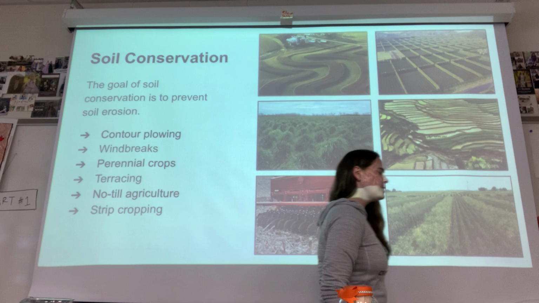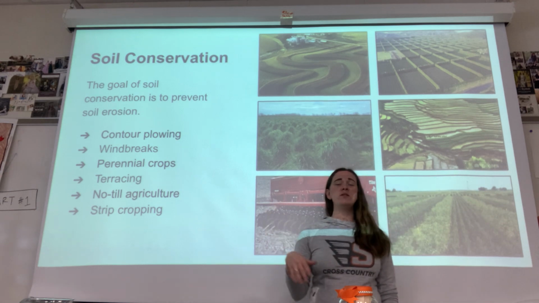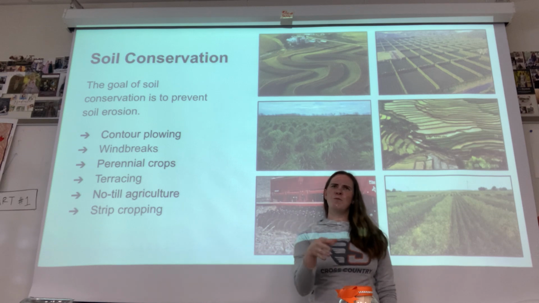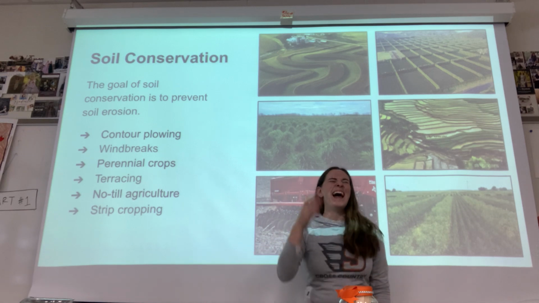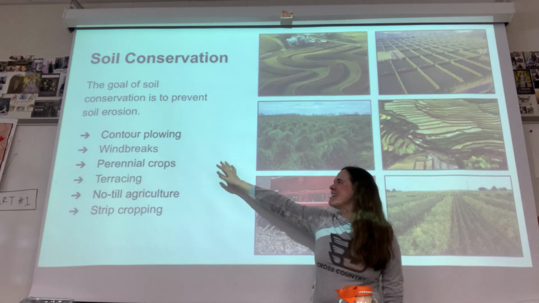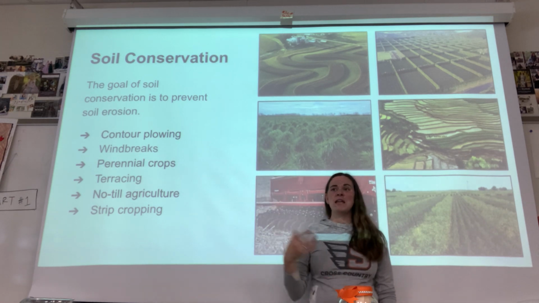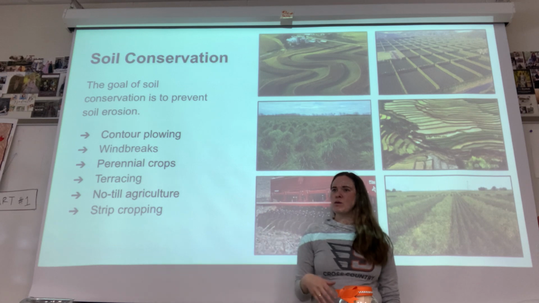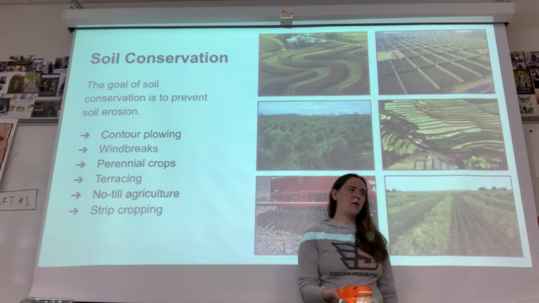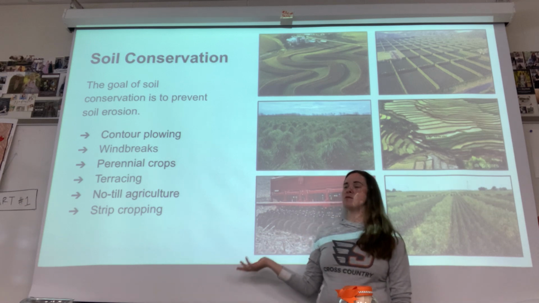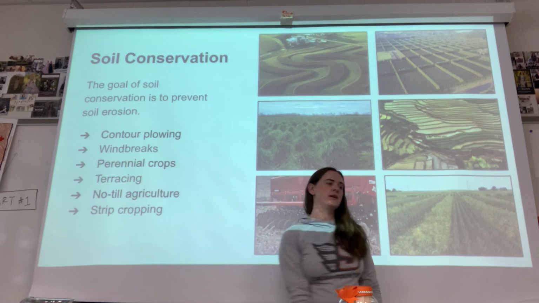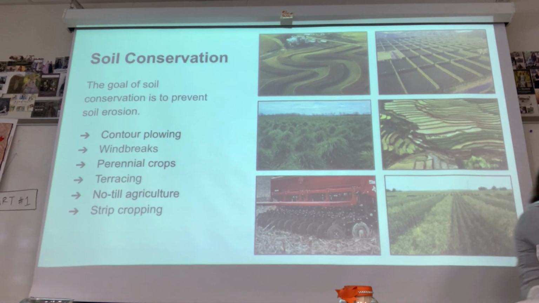Last time when we discussed the destruction of rainforests, we talked about how soil conservation is really big when it comes to agriculture, because the native plants that were holding the soil in place are now gone. When you have agricultural lands for either plants or animals, we lose a lot of soil. So these are different ways that we can conserve our soil in agriculture.